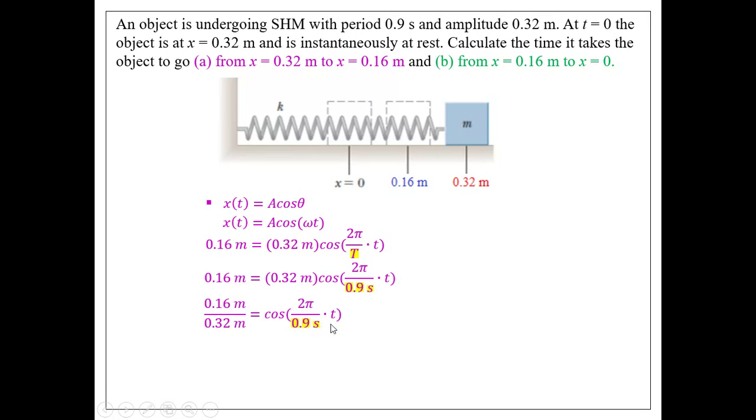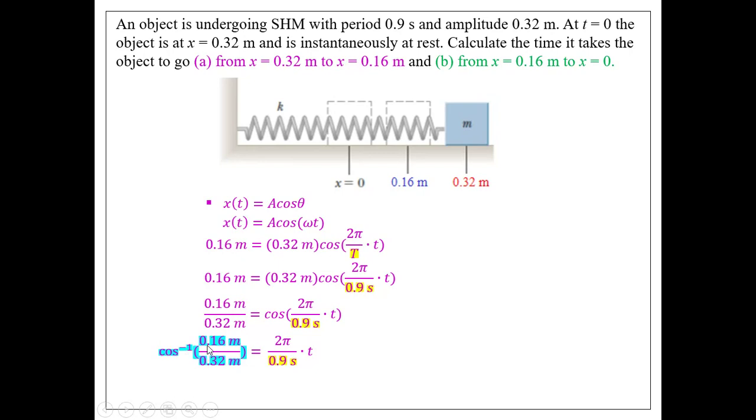Okay. The next move you have to do in order to get t by itself is to get rid of cosine. This is very similar to the unit on projectile motion with the range function, so hopefully you've practiced that. Well, how do you get rid of cosine? Divide both sides by cosine. Therefore, on the left side, which I highlighted here, this is cosine to the -1, or inverse cosine. Anytime you do that, when it goes to the other side, it has to be cosine inverse.